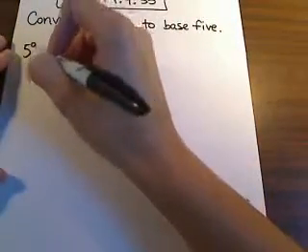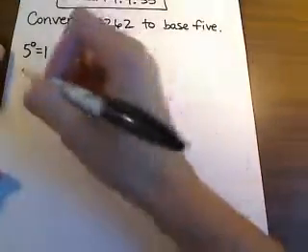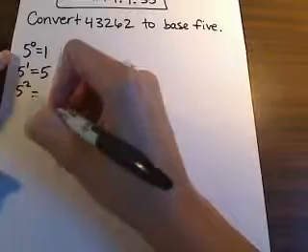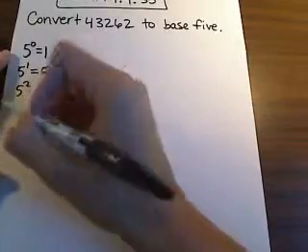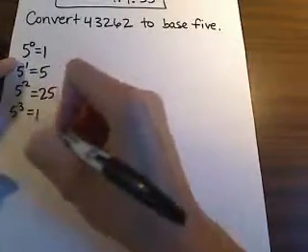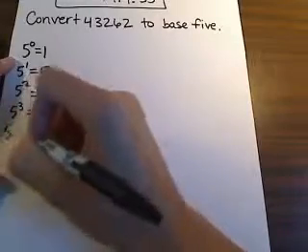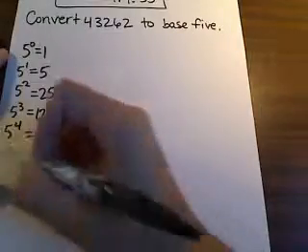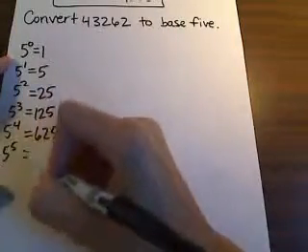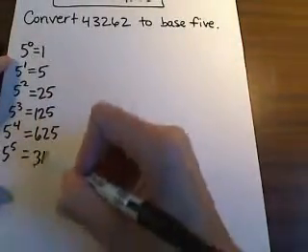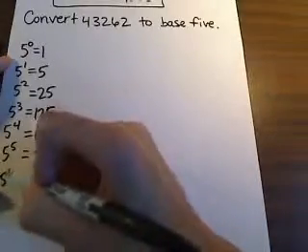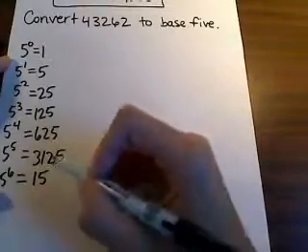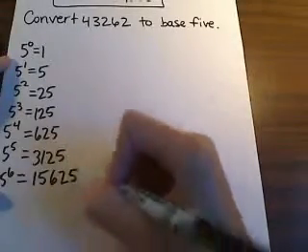Okay, so if I make a list, 5 to the 0 is 1, 5 to the 1 is 5, 5 squared is 25, 5 cubed is 125, 5 to the 4th is 625, 5 to the 5th is 3,125, 5 to the 6th is 15,625. Okay, I'm going to stop there.